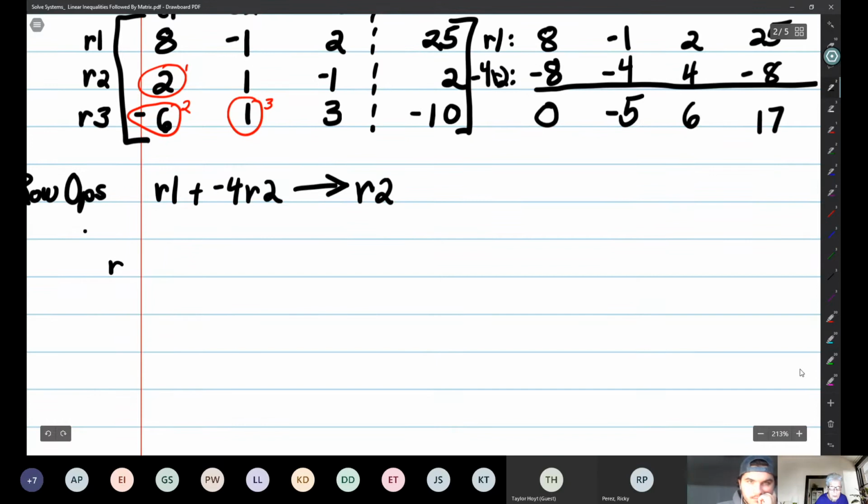Down here, I'm going to put row 1, row 2, and row 3. I'm going to copy the new row 2 in here: 0, -5, 6, 17. The original row 1 stays the same.